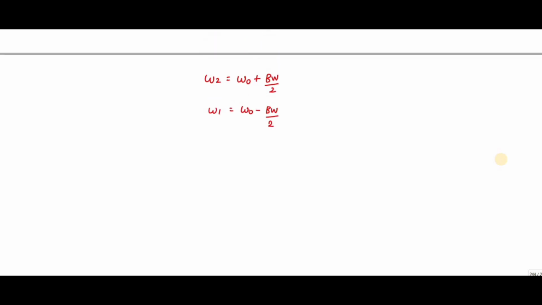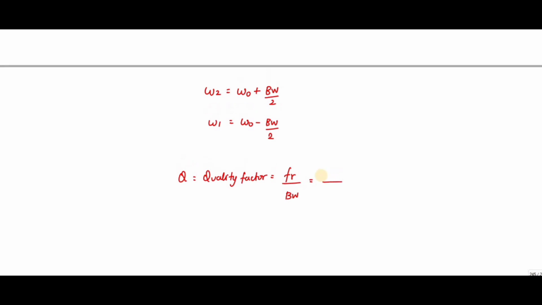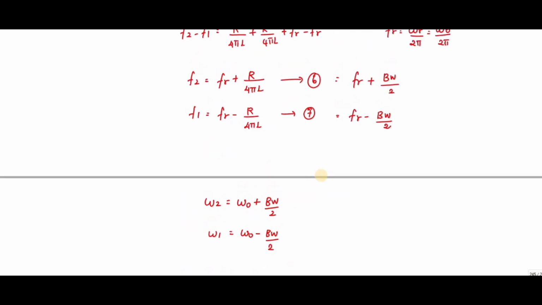So what is Q? Q is nothing but quality factor. Quality factor is inversely proportional to bandwidth. So Q is nothing but Fr divided by the bandwidth. What is bandwidth?